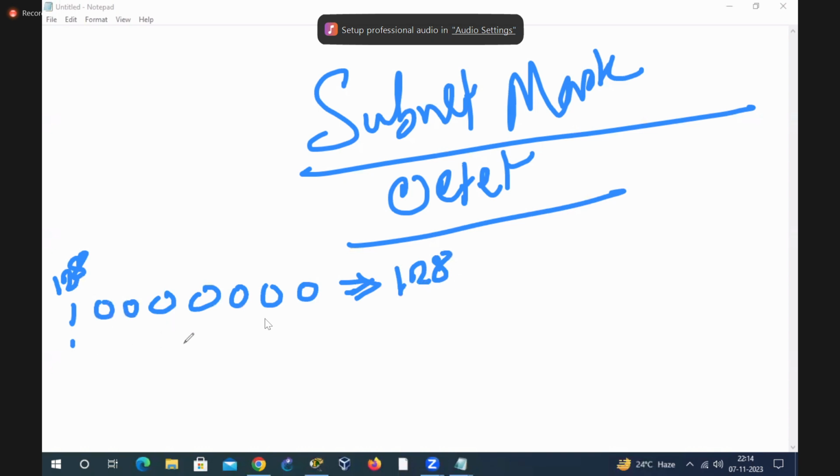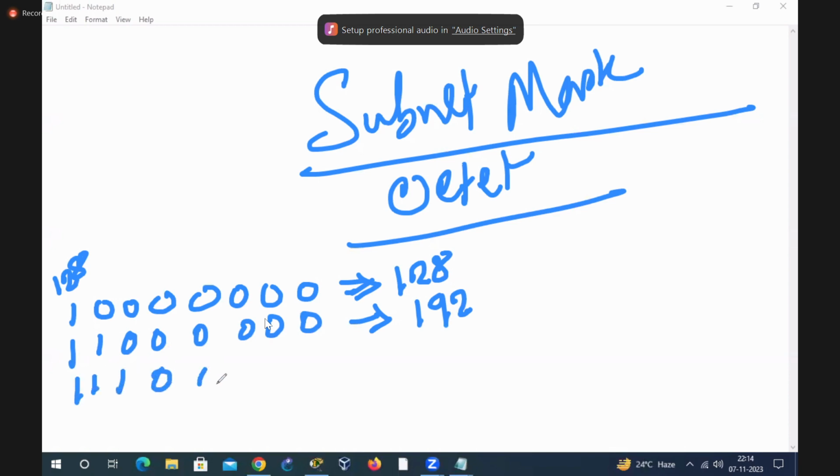If you have 2 ones and 6 zeros, then what will be the value? 192. If you have 3 ones and 5 zeros, then 224.